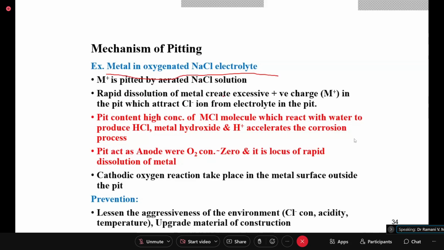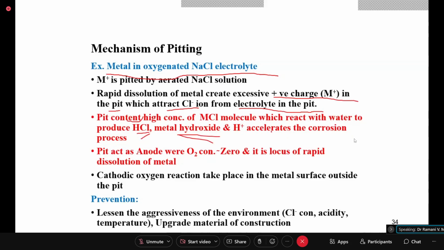Rapid dissolution of metal creates excessive positive charge in the pit, which attracts chloride ions from the electrolyte into the pit. So the pit contains high concentration of metal chlorides, chloride molecule, which react with water to produce HCl. Yes, HCl and metal hydroxide.